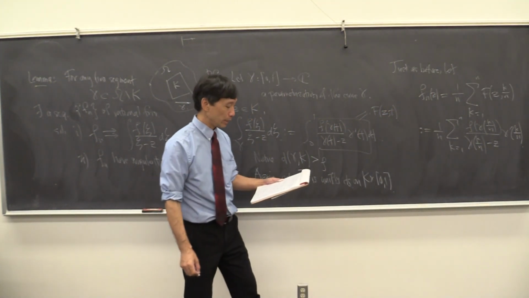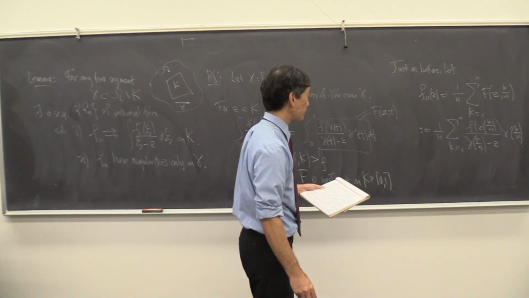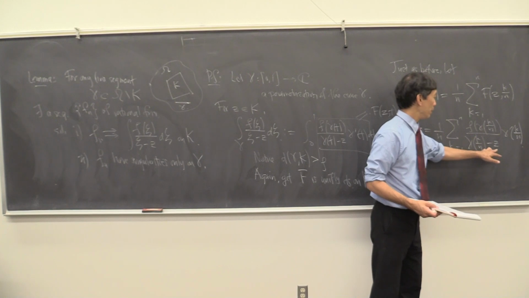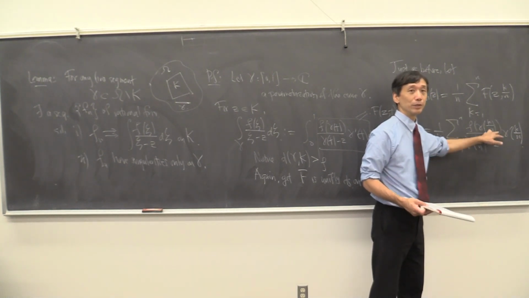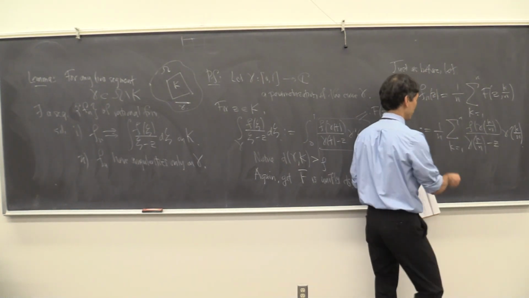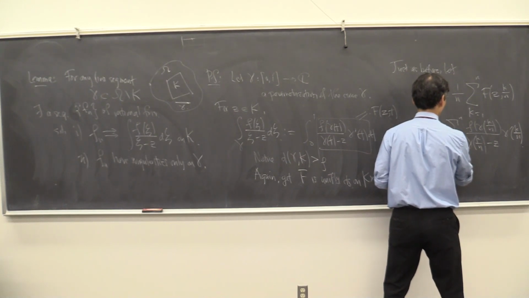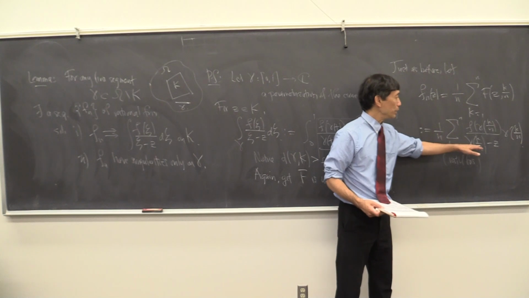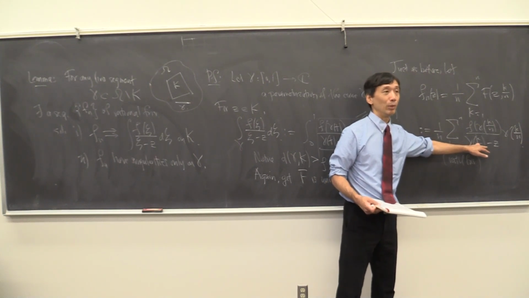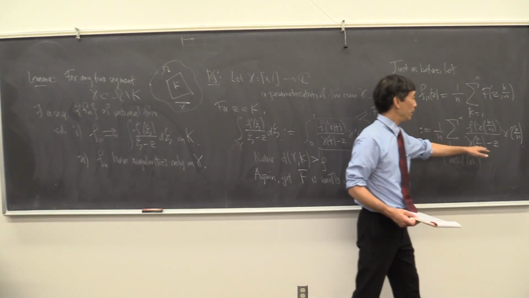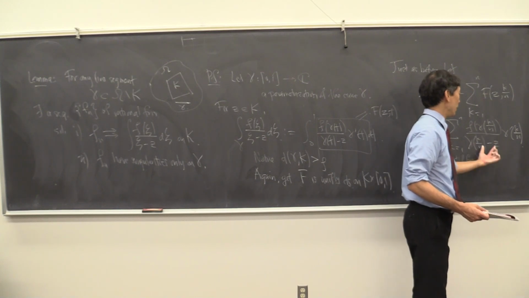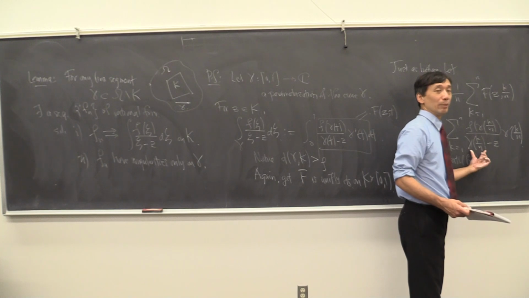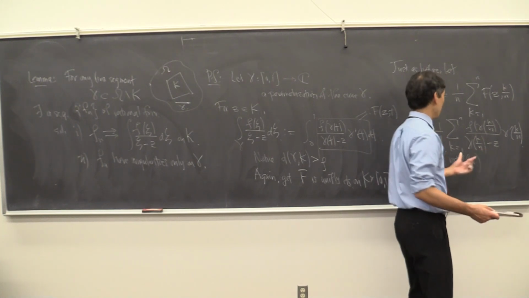These guys, as functions of z, are rational functions with simple poles, where their singularities are just of the form 1 over z minus something.